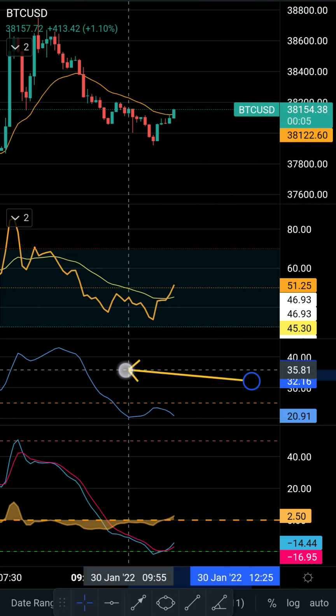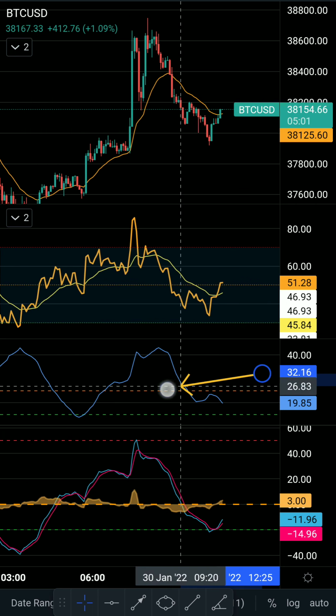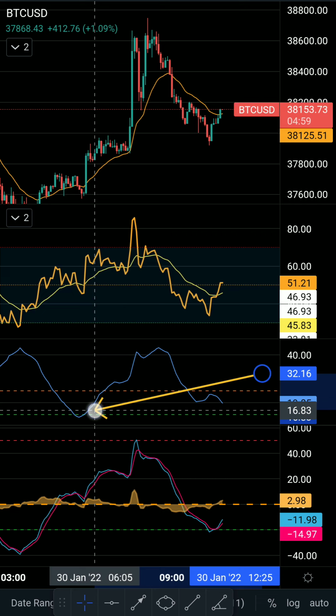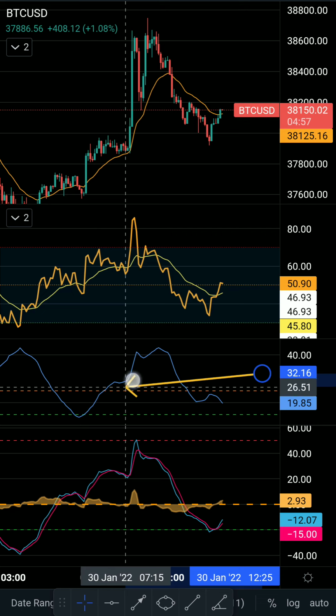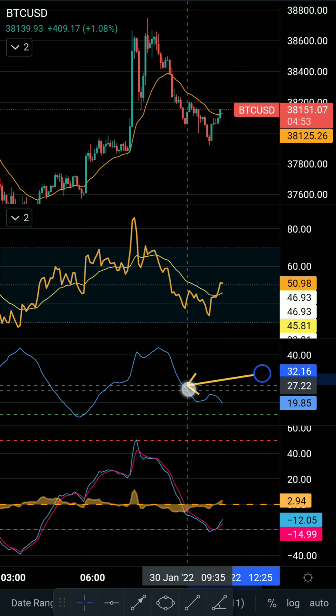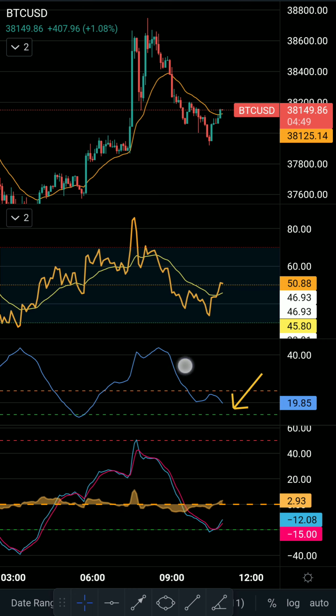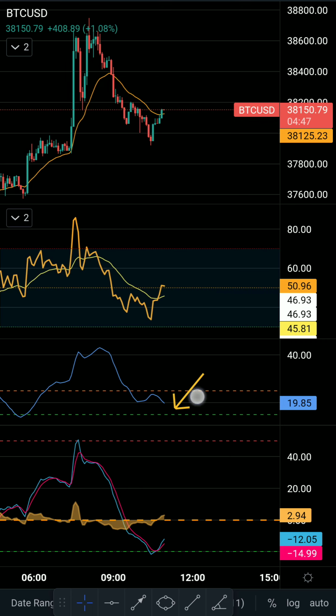Okay, so if we look, squash this up a little bit. The uptrend was gathering strength. The uptrend is weakening. The uptrend is still weakening. So we don't have a strengthening uptrend.